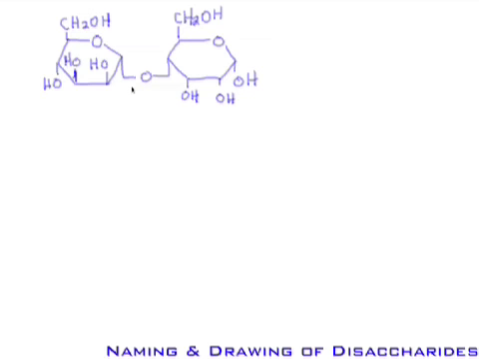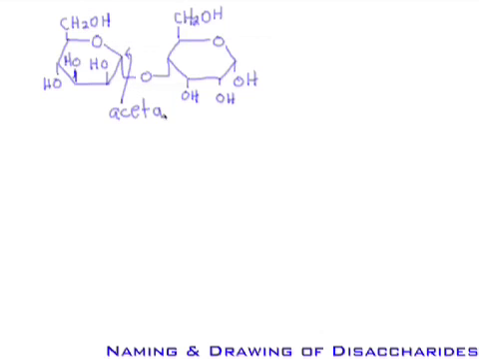In such instances, you can follow the following rules. If the disaccharide possesses a monosaccharide unit with a hemiacetal, the unit is named with the hemiacetal as the root. So if I look at this molecule, I see right here, that is a full acetal.